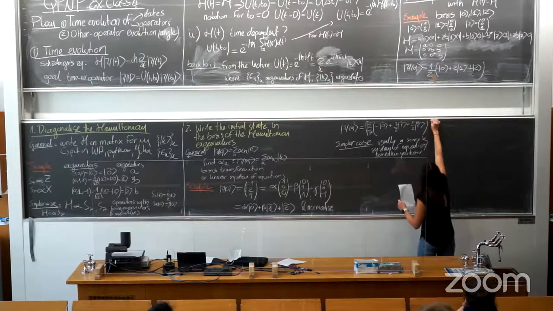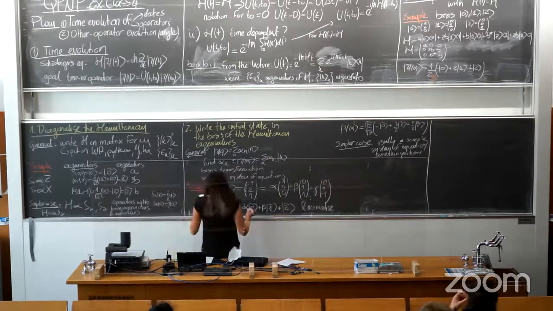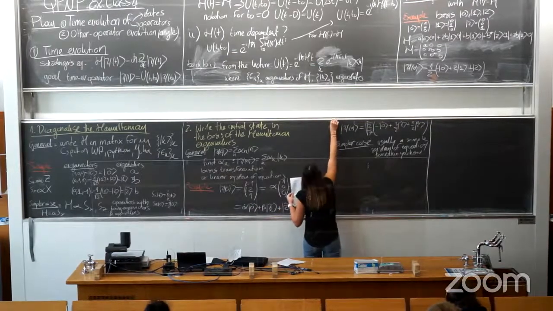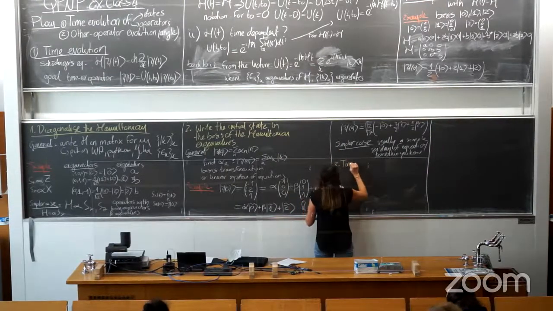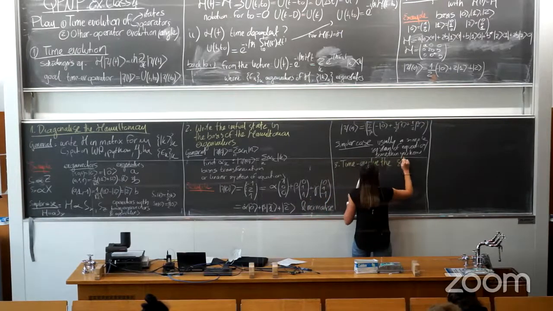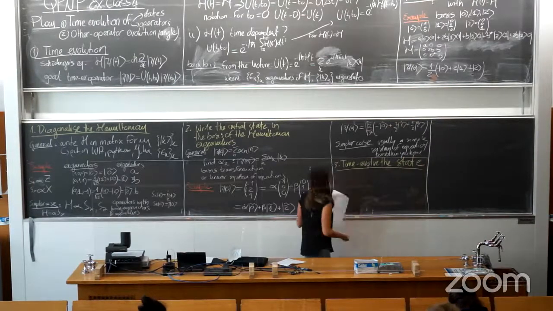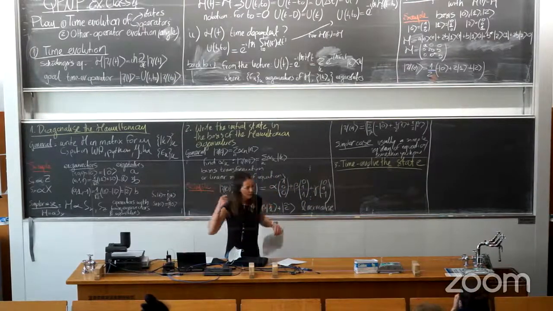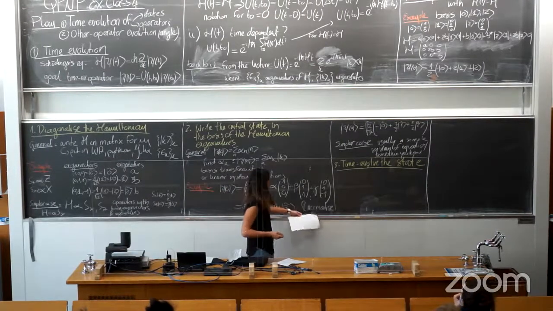Let's bring it here. So three is time evolve state. So now we have diagonalized our Hamiltonian. We have our initial state in this eigenvector basis.